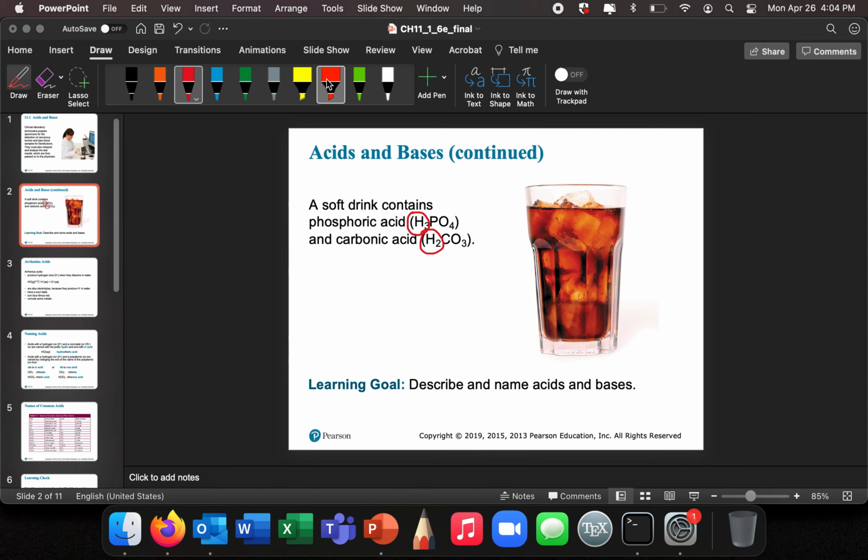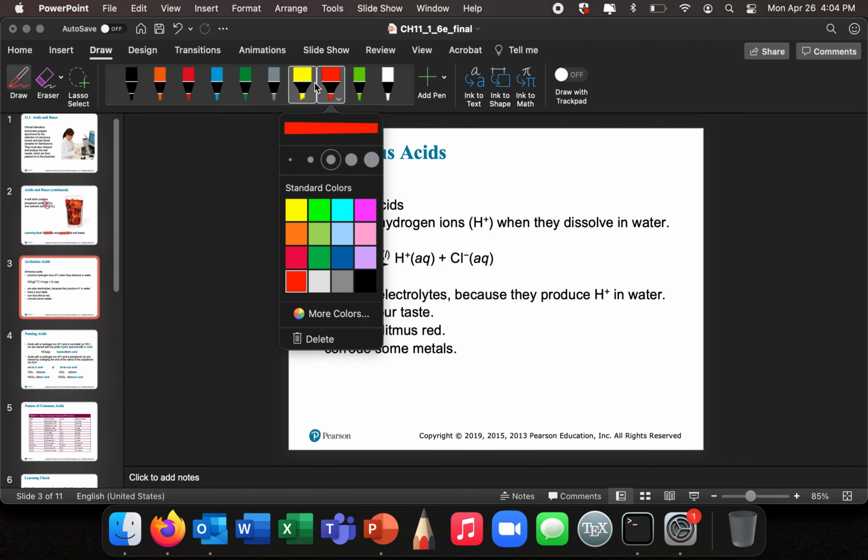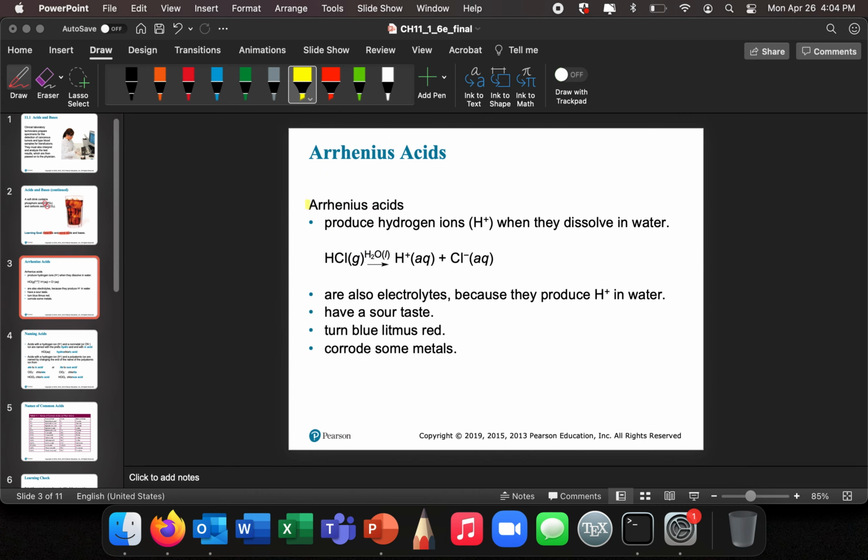So our goal for this section is to describe and name acids and bases. Okay, so first of all, in our quest for description, we're going to introduce to you Arrhenius acids. Now, Arrhenius acids produce hydrogen ions when they dissolve in water.